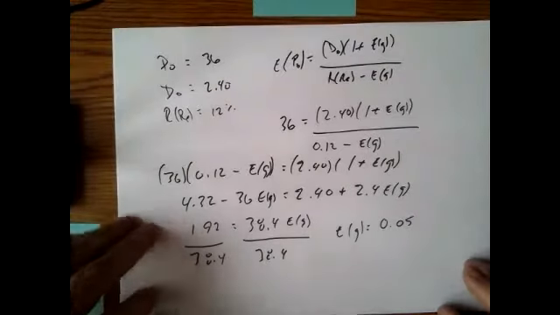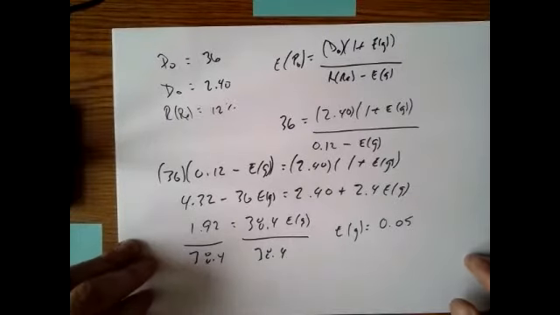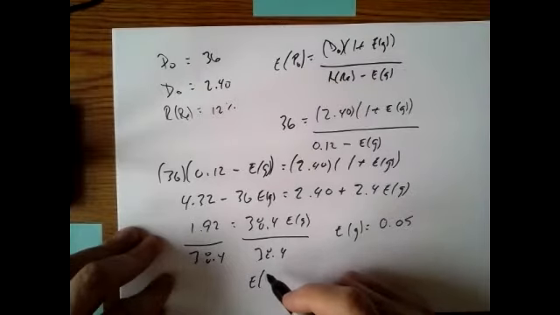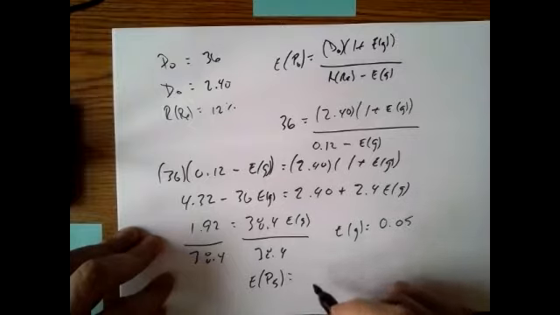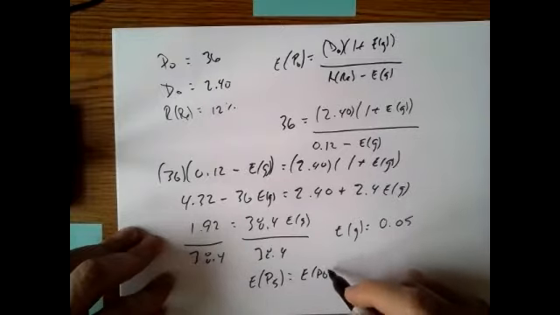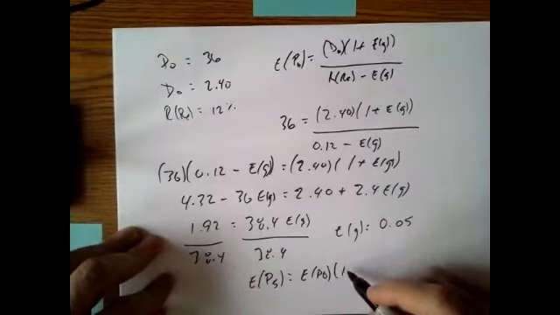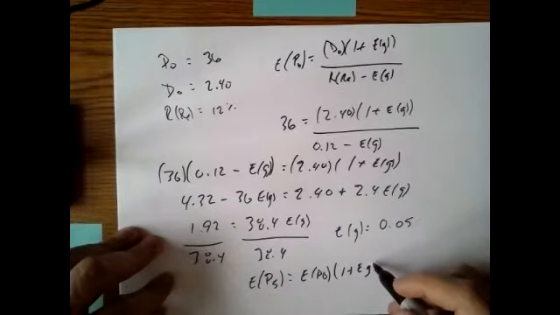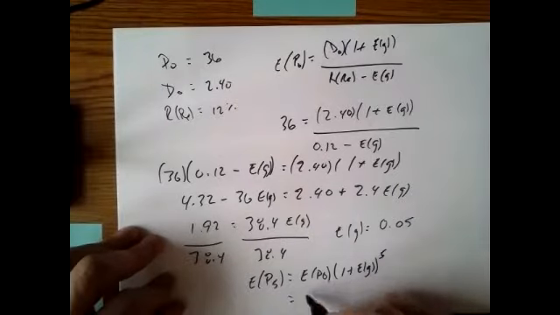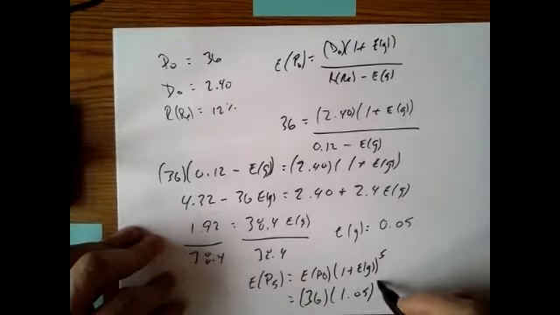So if we want to know what the price will be in 5 years, we simply say, well, if EP0 is 36, then EP5, the price in 5 years, will be EP0 times 1 plus EG to the 5th power, or 36 times 1.05 to the 5th power.